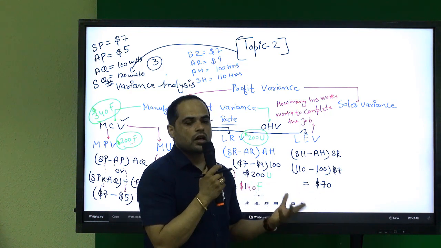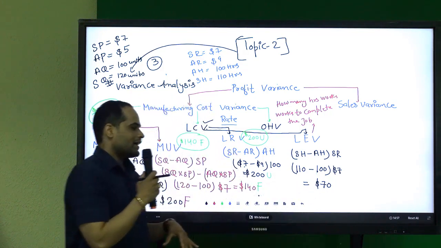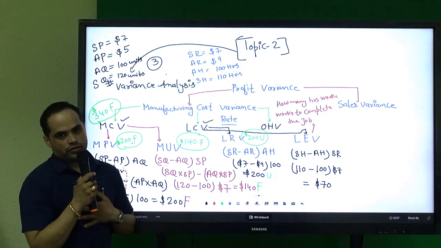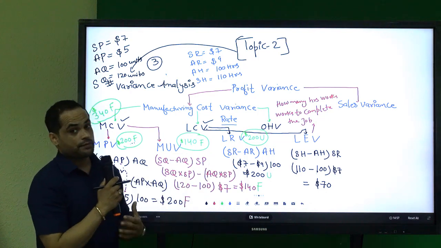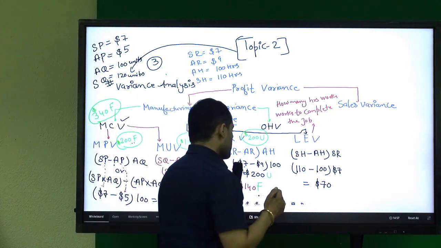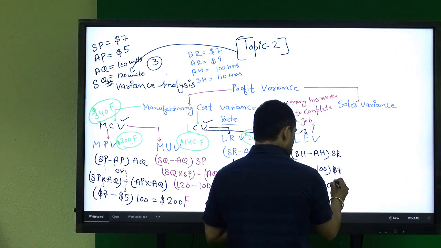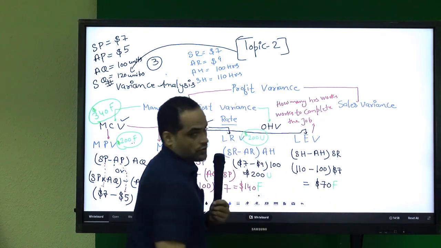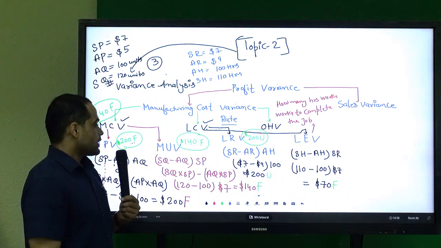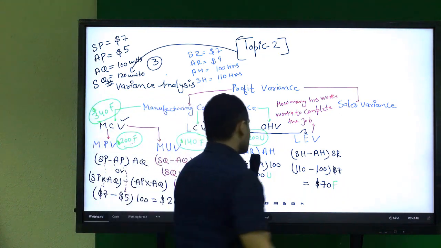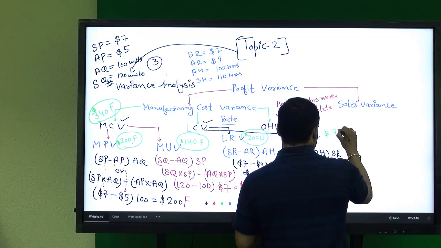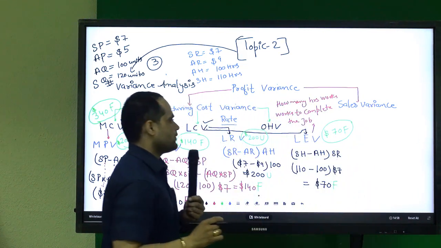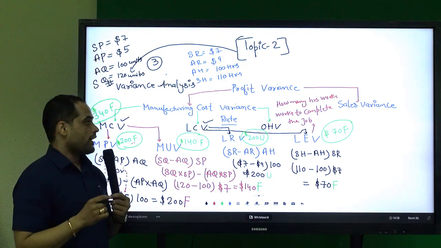So I am saving 10 hours. If I pay them $7, I'm saving $70. So $70 is F, which is good. So my labor efficiency variance is 70 F.